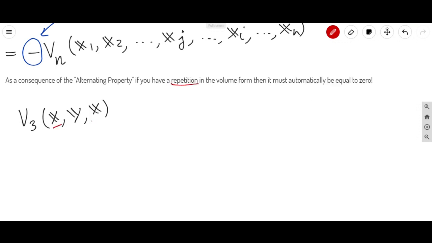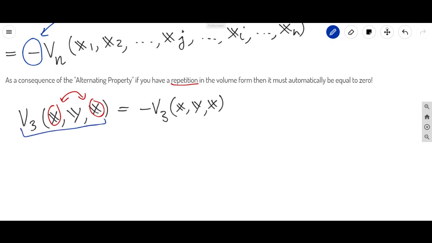The x is being repeated. So algebraically, look what happens if you take these two vectors and you interchange them. If you interchange those two vectors, this is equal to negative V3. But if you interchange the two vectors, you get the same thing that you had before. Nothing changes.